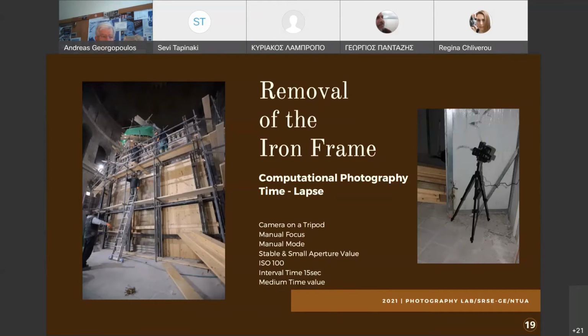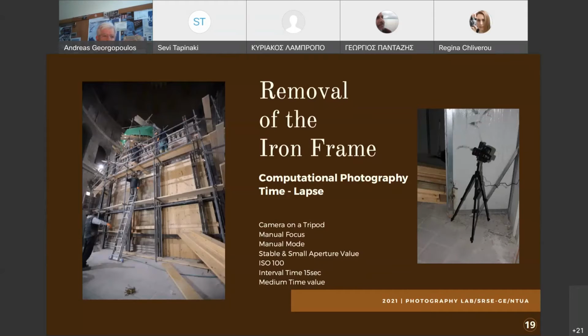The second very important thing was to set the camera to manual focus so that the focusing point of all the images would be maintained on the Holy Edicula and not on every person that stepped in front of the camera.